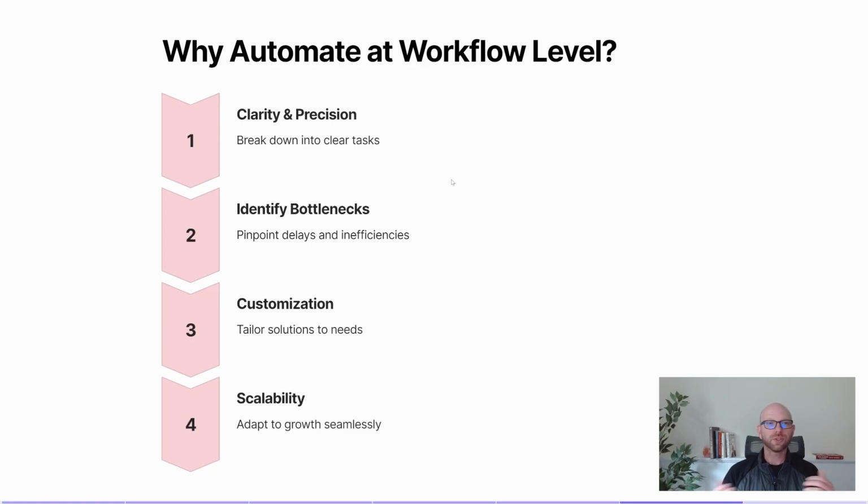Okay, great. So why do we automate at the workflow level? Again, just to reiterate, we've got the clarity and precision. Breaking it down into really clear tasks is going to help us understand how to do all this and why we're doing all of this. Identifying bottlenecks is a huge piece of the puzzle, where this really allows us to say, okay, we've got all these steps, we've got all these tasks, but why are we slowing down?